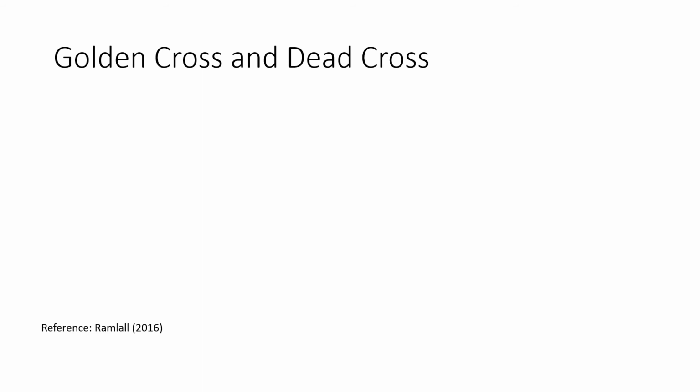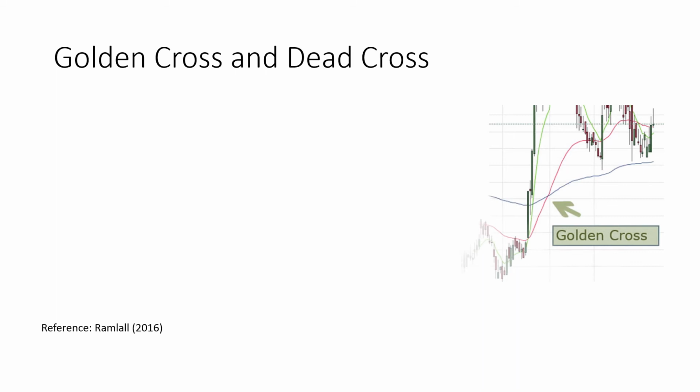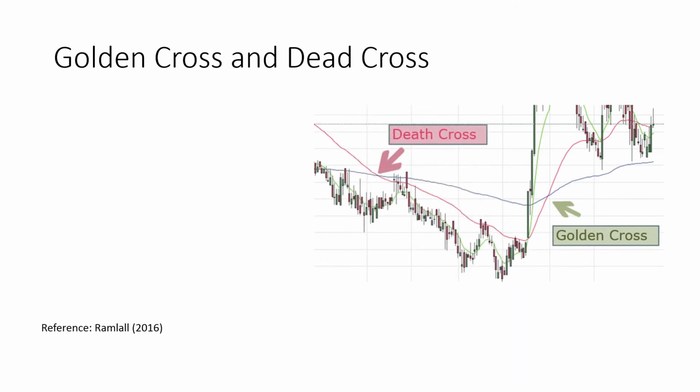The short-term moving average can be compared with the long-term moving average to identify the golden cross and death cross. In the figure, the blue line represents long-term moving average, while the red line represents short-term moving average. Long-term moving average is smoother than the short-term moving average. Short-term moving average has more volatility or fluctuation.